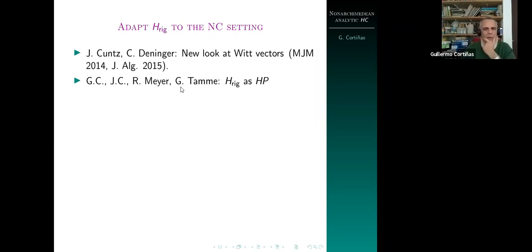We wrote a couple of papers together in which what we did was a sort of analog of the Feigin-Tsygan theorem of writing H-rig, or rather its periodification, as HP of something, right? So this is in our two papers, one in Documenta and the other one in the Journal of Geometry and Physics. The latter was a volume dedicated to the conference.